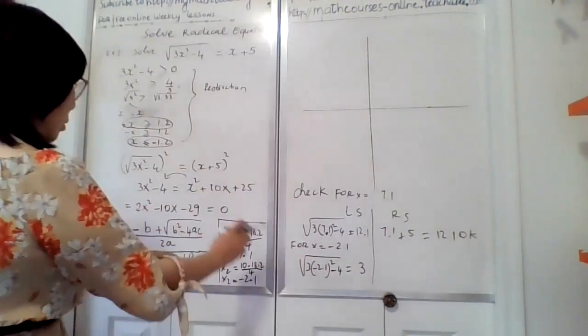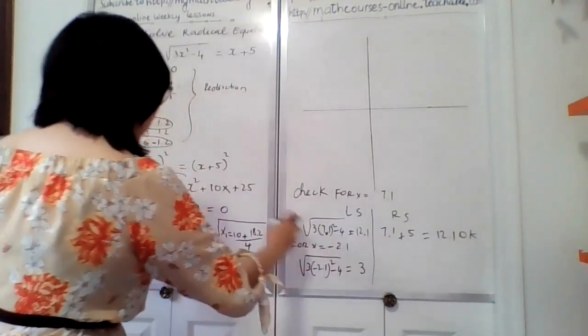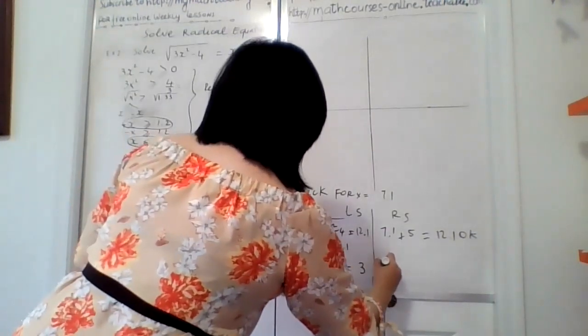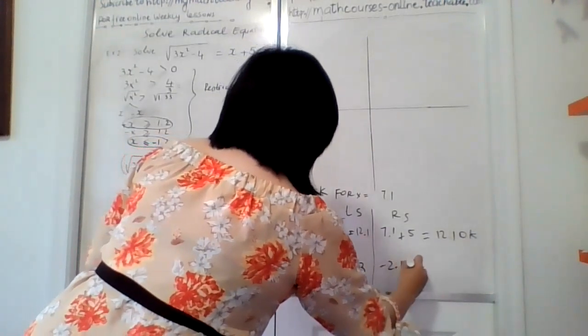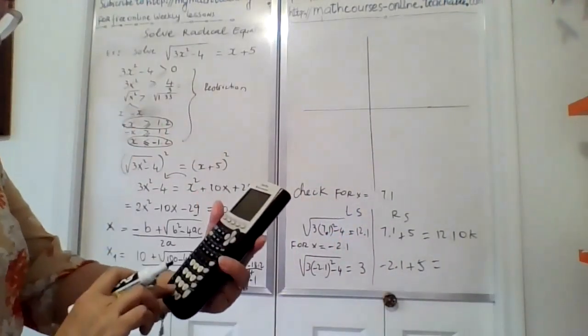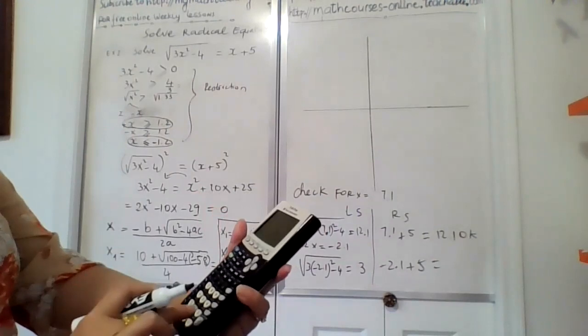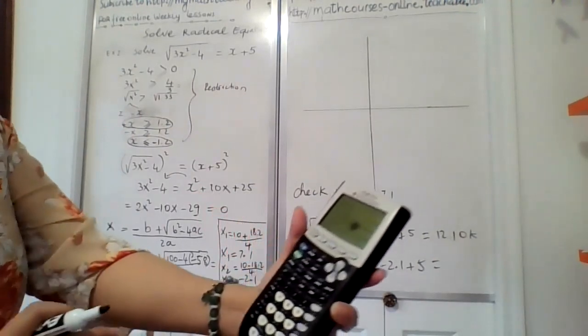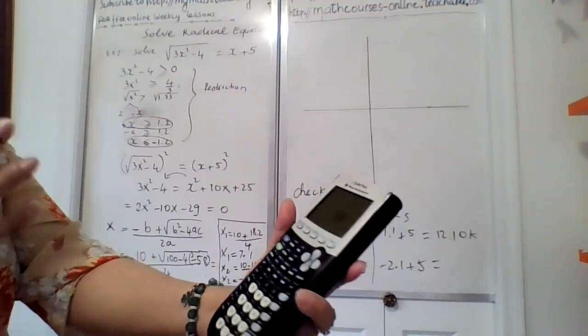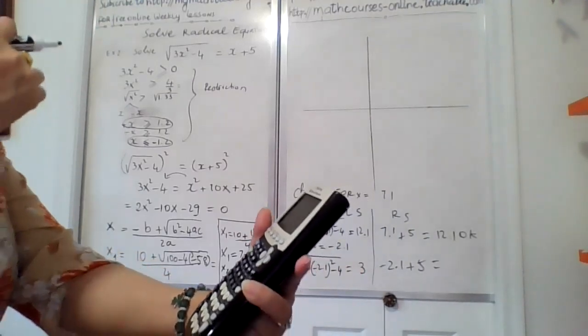So we're going to substitute our root, minus 2.1, into the right-hand side. So on the right-hand side, we have minus 2.1, adding with 5. How much will it be? Minus 2.1 plus 5. The answer is 2.9. So it's almost the same.